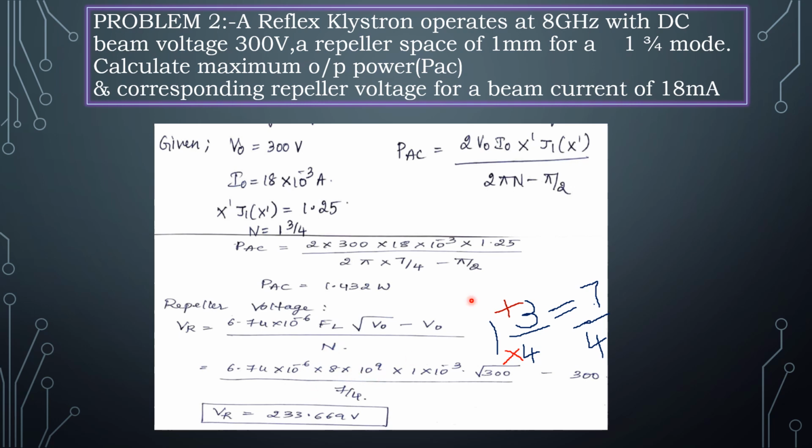So 8 into giga is 10 power 9, into the length. The repeller space is 1 millimeter.